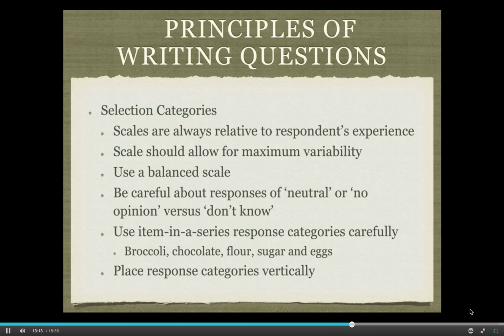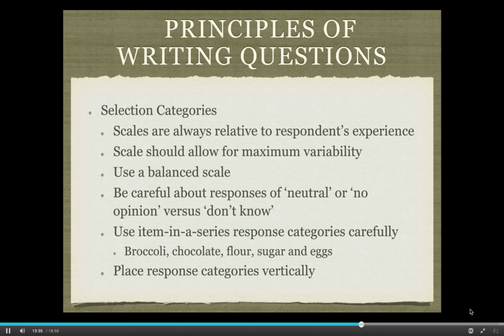Use items in a series of response categories carefully. So for example, if we're looking at broccoli, chocolate, flour, sugar, and eggs, ensure that we place these items in a specific sequence that we would want the participants to view them in.